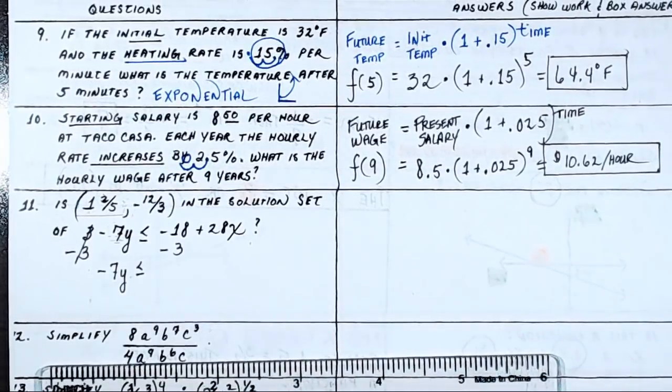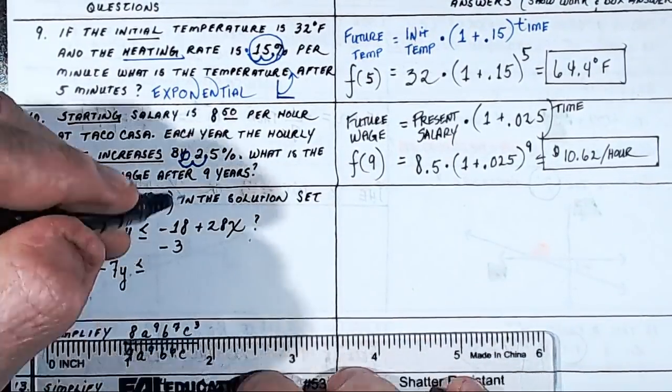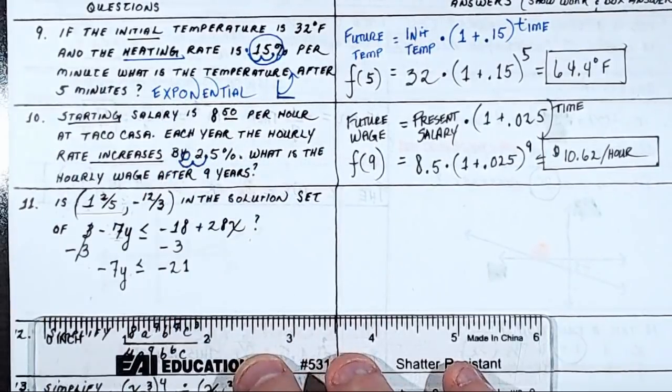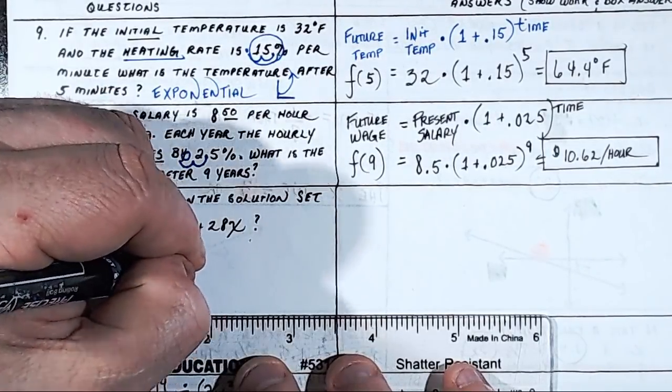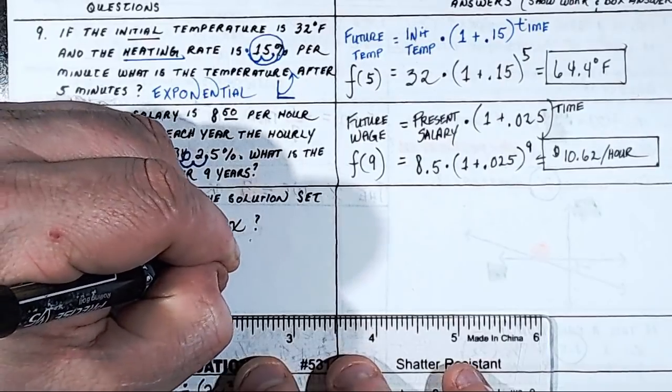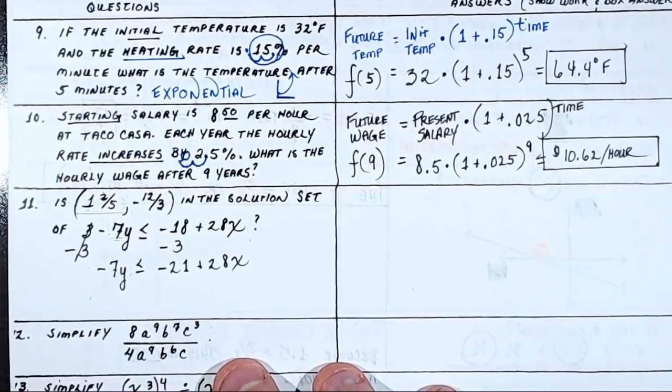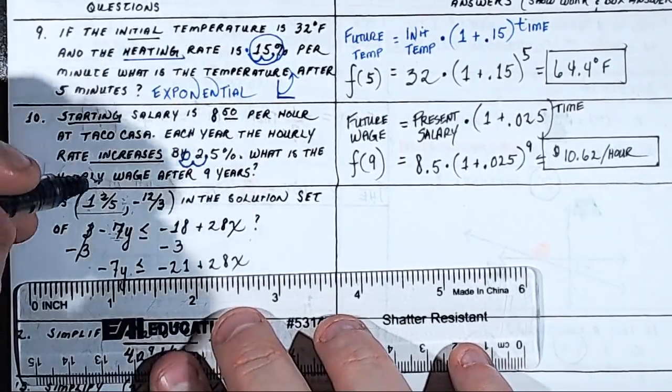Negative 18 minus 3, it's getting bigger in the negative sense: negative 18, negative 19, negative 20, negative 21. So negative 18 minus 3 is negative 21 plus 28x. You see this is out of order. That 28x should be up front, and we'll change that in a second. For now, it doesn't matter.